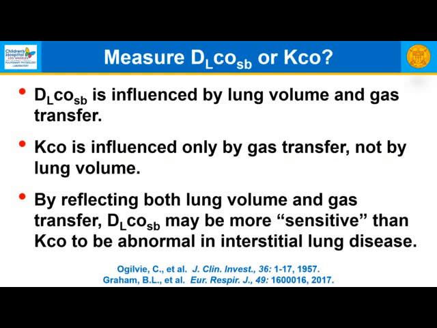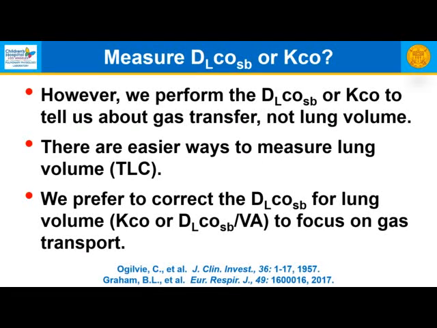By reflecting both lung volume and gas transfer, the DLCO may be, quote, more sensitive, unquote, than KCO to be abnormal in interstitial lung disease. We perform the KCO or DLCO to tell us about gas transfer, not lung volume. There are easier ways to measure total lung capacity, so we prefer to correct the DLCO for lung volume and to focus on gas transport. It's my own personal preference; people who prefer to use diffusing capacity as a raw value are not wrong, they're just different.